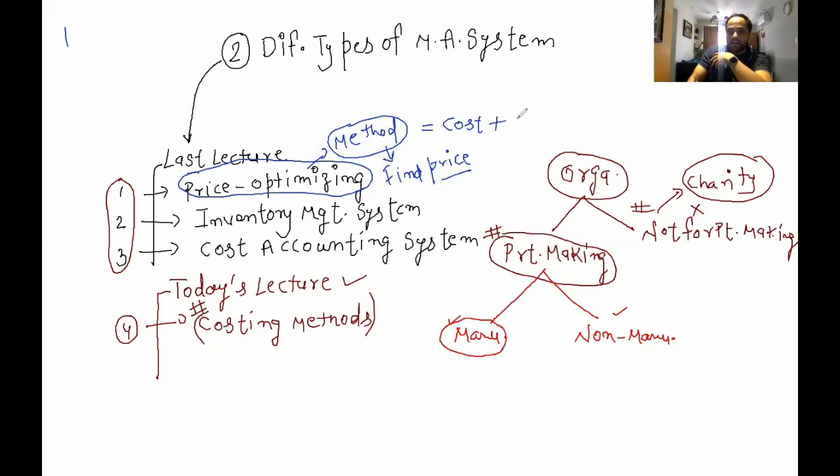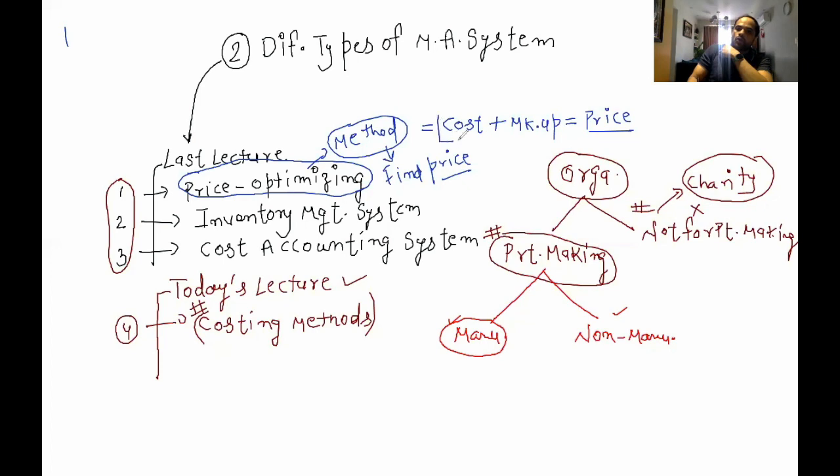Cost plus markup equals the price. Which means if you want to calculate the price of the product, you have to add markup to your cost, right?